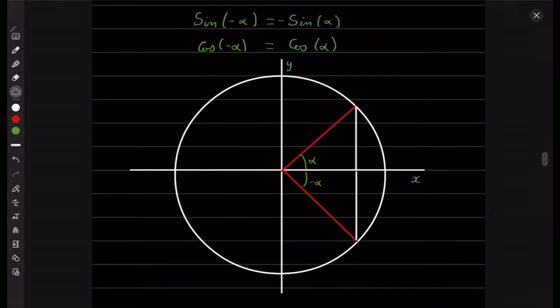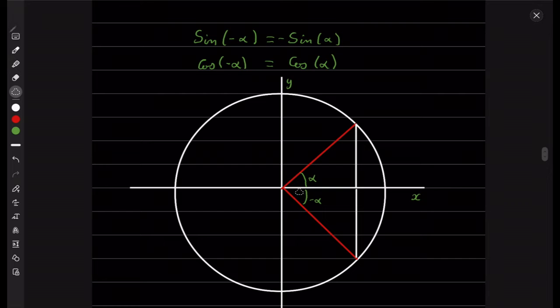And now the reason cos stays the same is because you can see that the x-axis stays on the positive side. The x-axis is still positive, and so cos negative alpha will be equal to cos alpha.